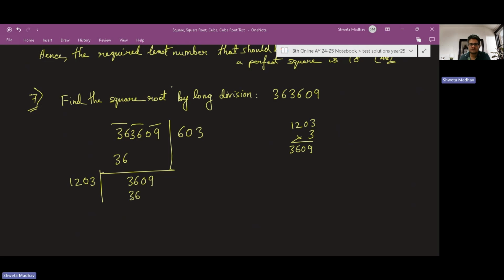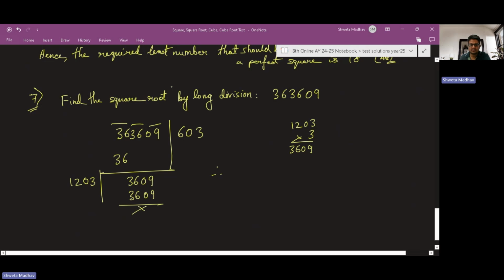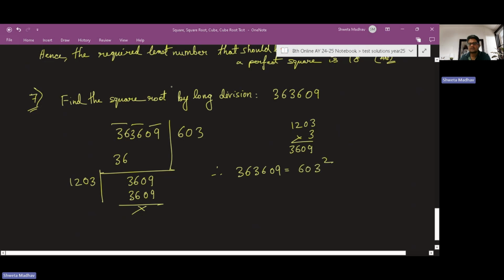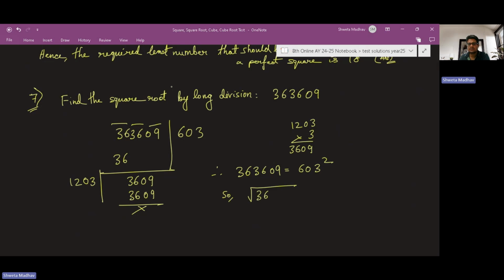The remainder is 0. Therefore, 363609 is equal to 603 square. So the square root of 363609 is 603. So 603 is the answer.